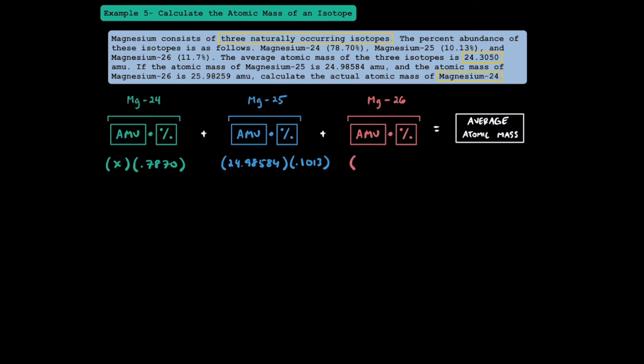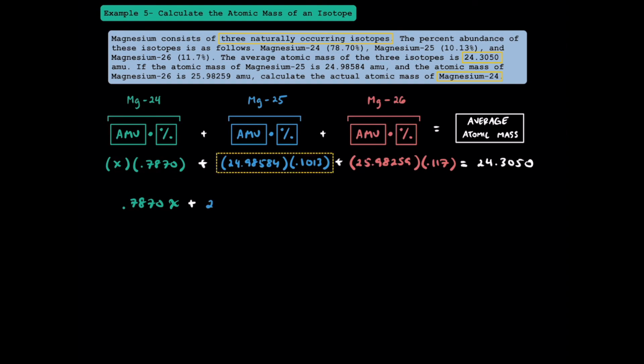And for magnesium-26, we'll take its atomic mass of 25.98259 and multiply that by its percent abundance as a decimal of 0.117. The sum of all of this is going to be equal to the average atomic mass of 24.3050. We can write the product of x times 0.7870 as 0.7870x. Multiplying these two together, we get an atomic weight of about 2.5311.